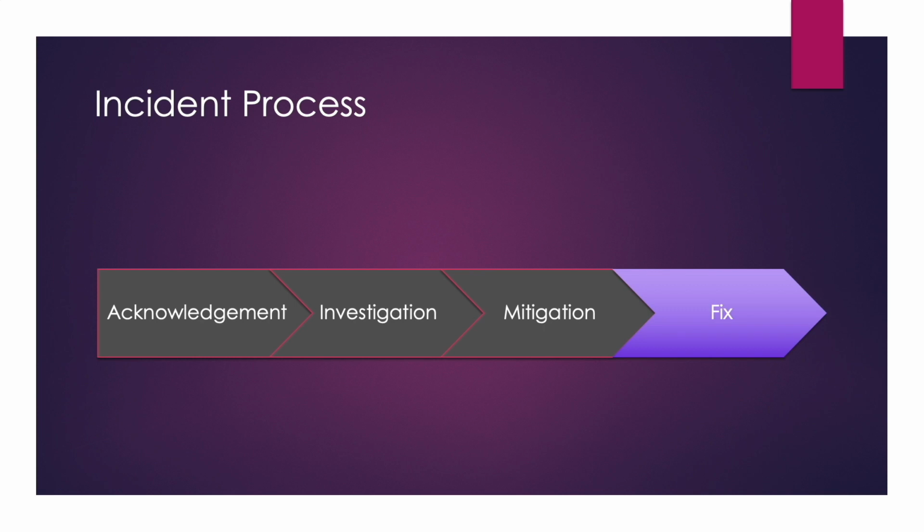How to distinguish between the two? Well, if your fix will not cause the same error again, then it is the actual root cause. But if it still happens, then it is considered a contributing factor, not the actual root cause.